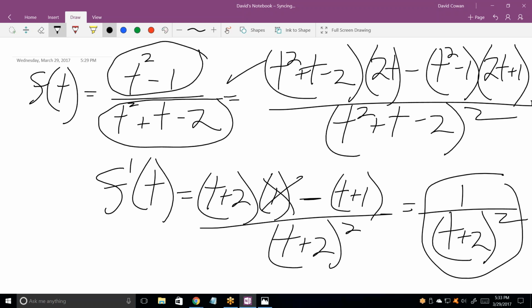This factors, that's a real normal one that factors, and that's a difference of perfect squares, so we know that factors. So it's really likely that I can come up with a common factor between the two. And I did. It was t plus 1, which canceled.